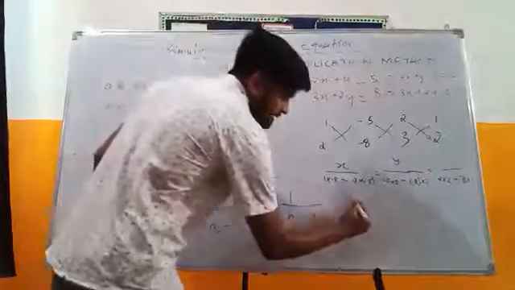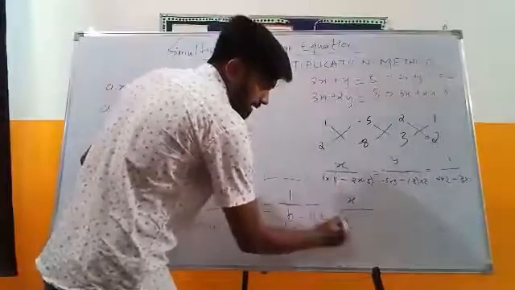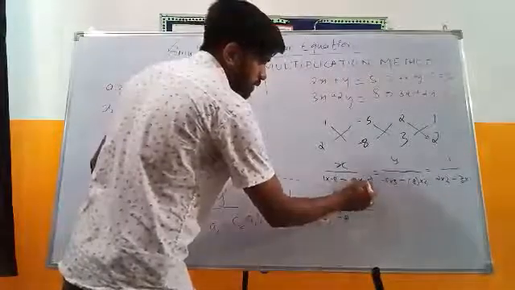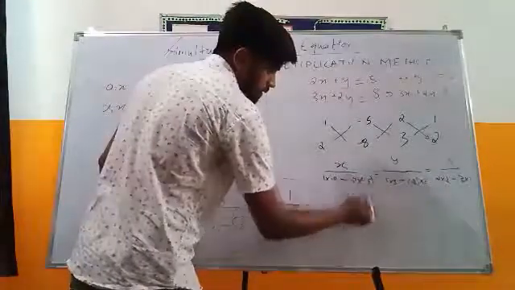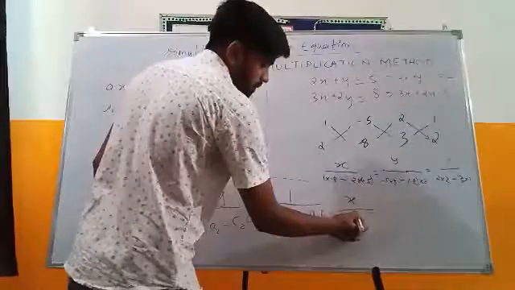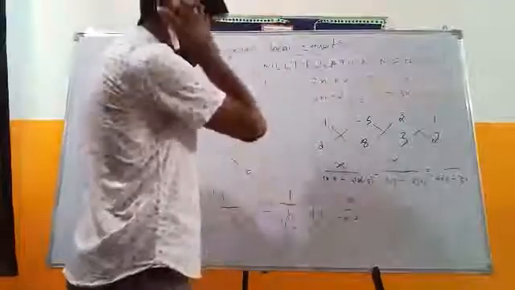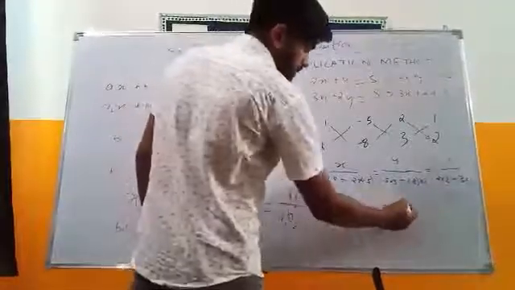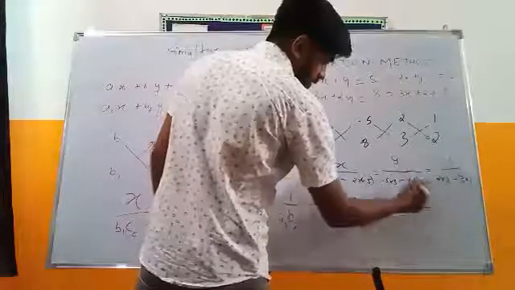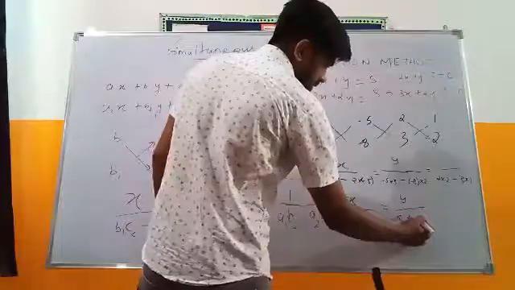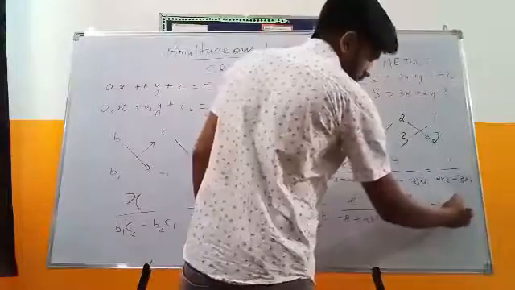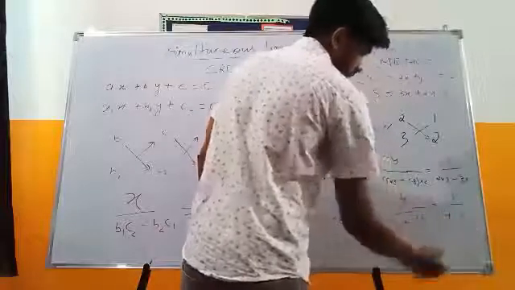So now x upon minus 8, and 2 into minus 5 will be minus, and there is already a minus waiting, so plus 10, equals to y upon minus 15 and then plus 16, equals to 1 upon 4 minus 3.